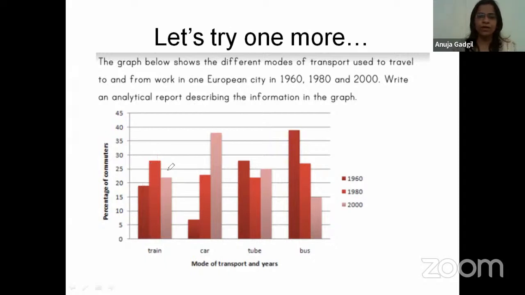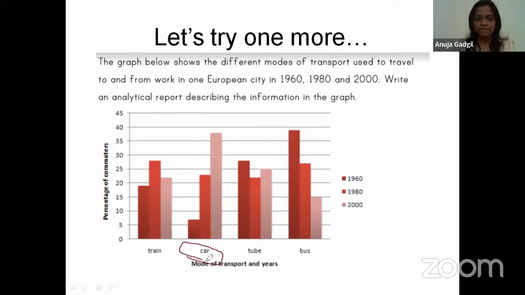More people traveled in 1980. Maximum people traveled by train in 1980. But later on, with upcoming new modes of transport, this particular proportion went down. It decreased. Now, I have done a comparative study of people traveling by train in the 3 given years.